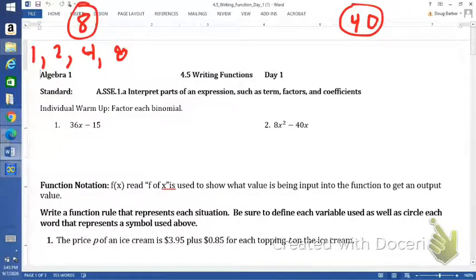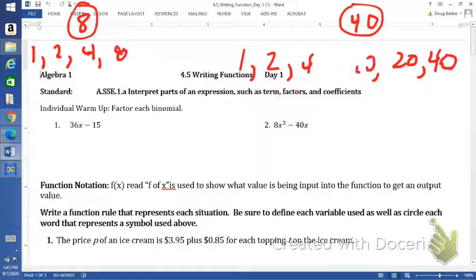The factors of 40, so 1 times 40, 2 times 20, 4 times 10, 5 and 8. So that was to help us find the greatest common factor, which is going to be 8.